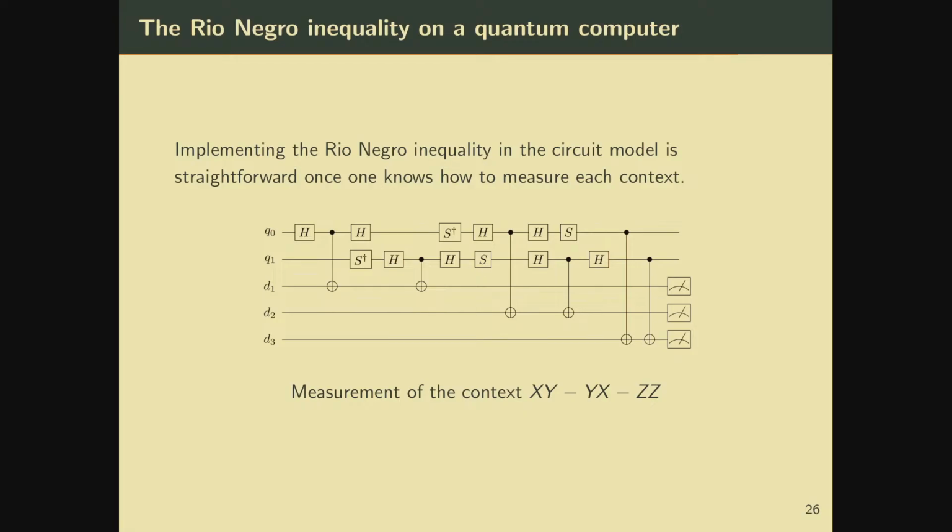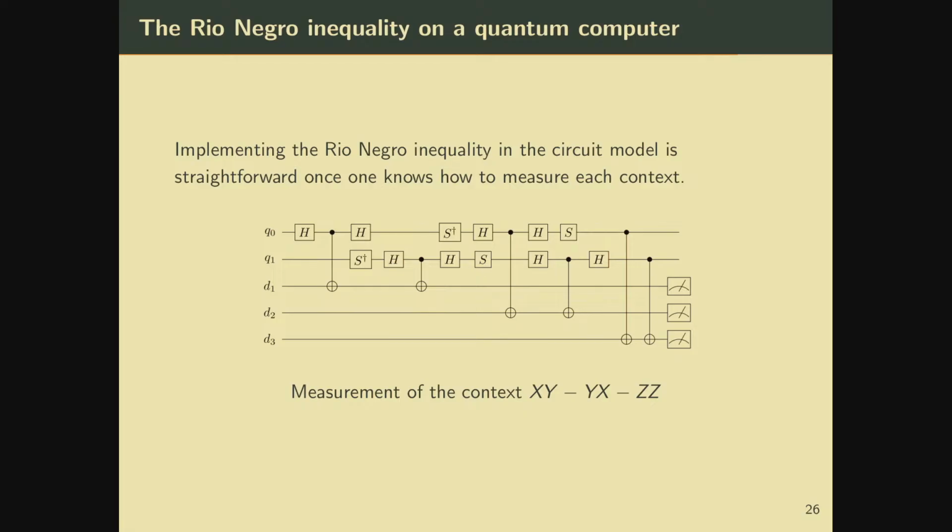No, there is no minus sign. It's just a context, so it corresponds to one line in my geometry. There are no signs. So this represents a context, a set of 3 commuting observables, and I measure any 2-qubit quantum state sequentially following this experimental setup, and I collect the result of each observable.